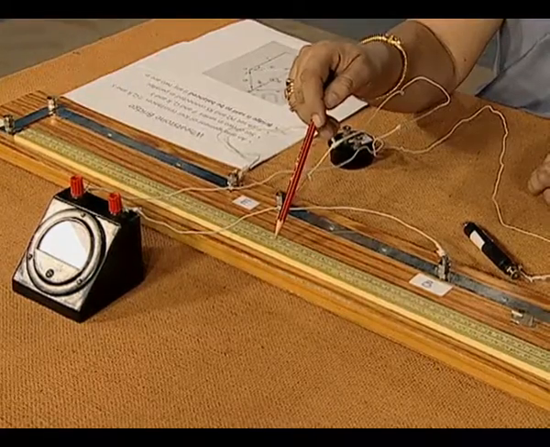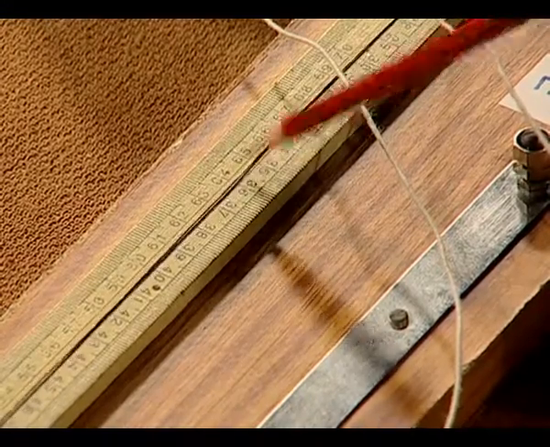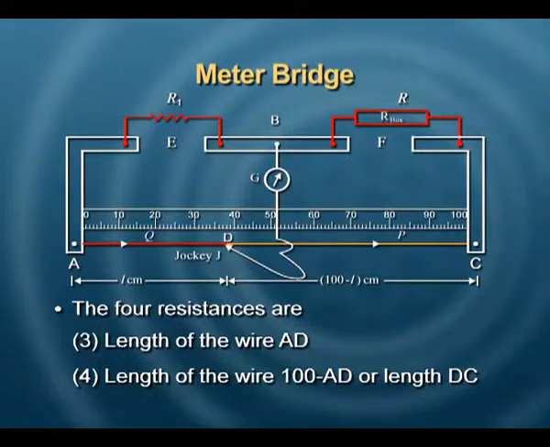That means finding point D on wire AC where there is 0 deflection, and then AD and 100 minus AD, using a suitable formula which uses the ratio of the resistances, you can find the value of the unknown resistance.